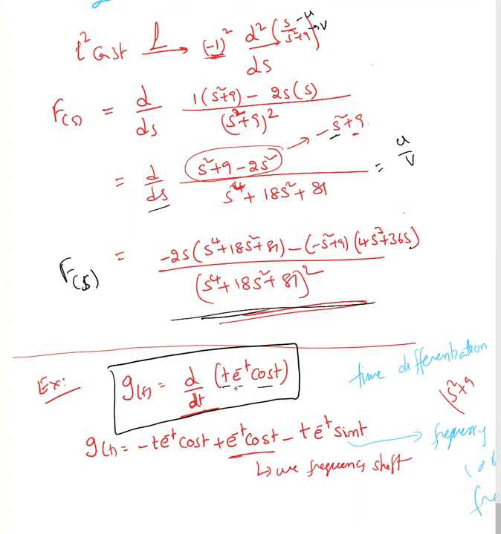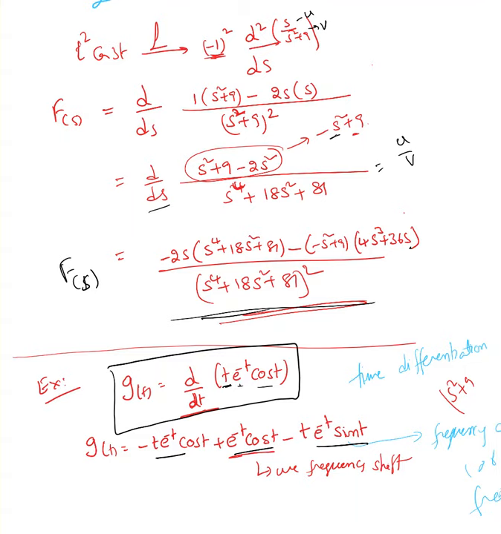First I differentiated with respect to e to the power of minus t, so that's minus t e to the power of minus t cos t. Then the second one is with respect to the first term t. The third one is with cos t. Now I have three individual terms. I can clearly see e to the power of minus t cos t, so I can use the frequency shift property.